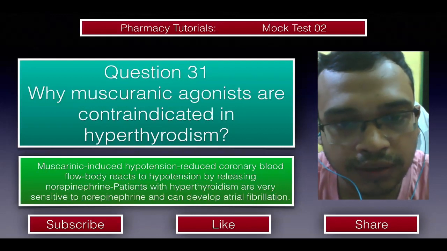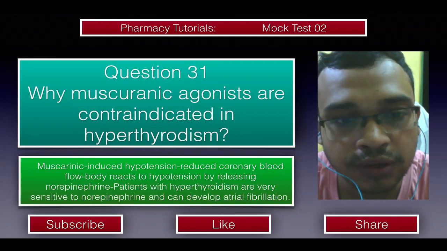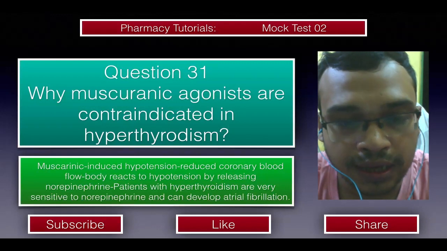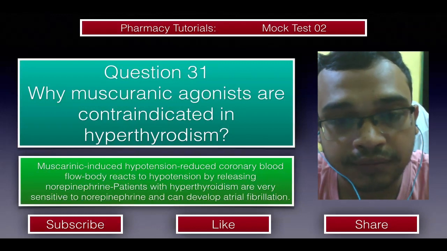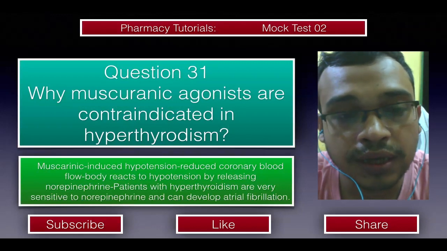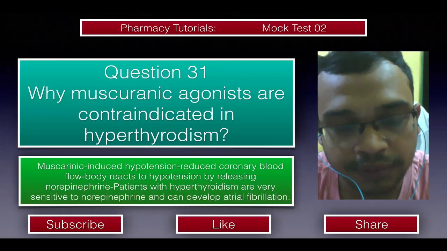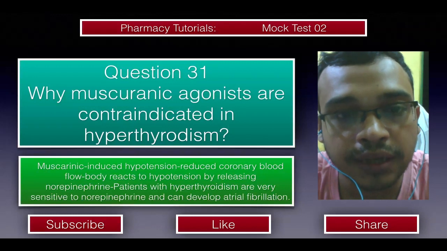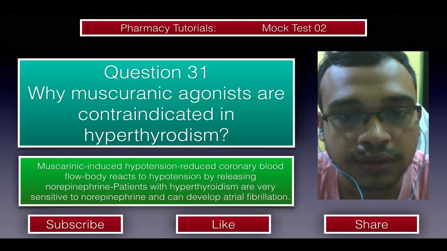The body will naturally react by releasing norepinephrine, which will cause vasoconstriction so that the blood pressure can be maintained. Patients with hyperthyroidism are very sensitive to norepinephrine and can develop atrial fibrillation. So, being sensitive to the increased amount of norepinephrine being released, the patient may develop atrial fibrillation. That is why all the muscarinic agonists are contraindicated in hyperthyroidism.